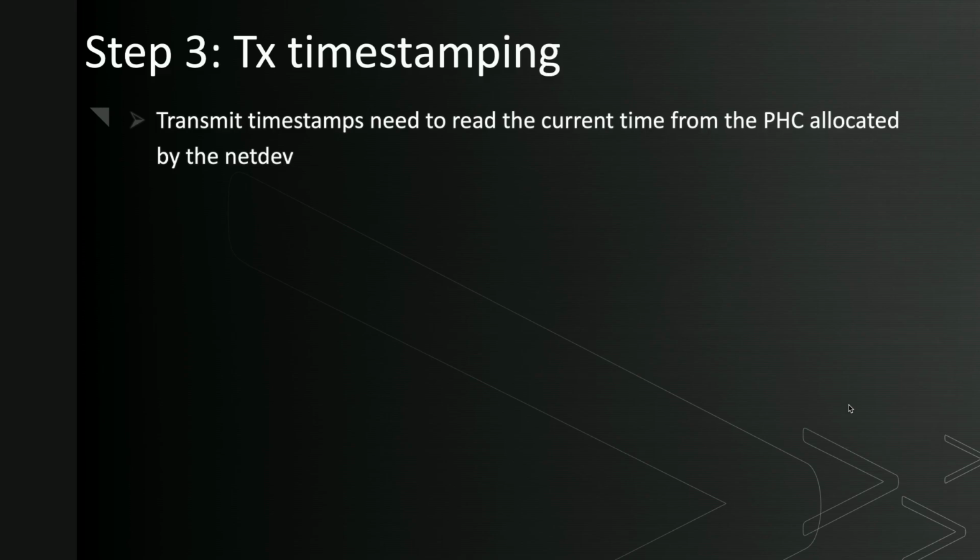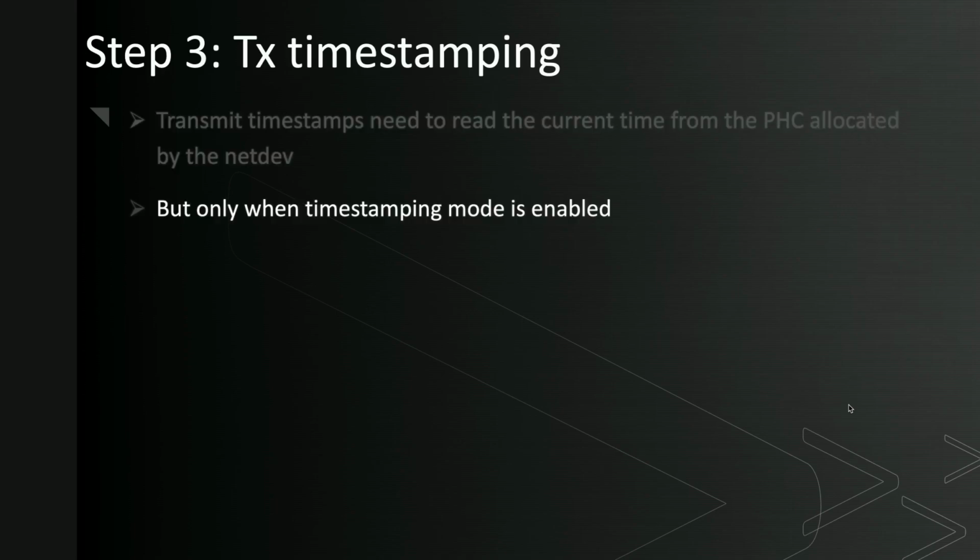And let's go to the TX timestamping, because this part is usually much more complicated when you're implementing the PTP solution. So as I mentioned before on this drawing when we showed the design, our TX timestamp value is our PHC time taken from the PHC mock. So we have the PHC allocated by the Netdev, and we are getting the timestamp from this PHC to return back to the stack.